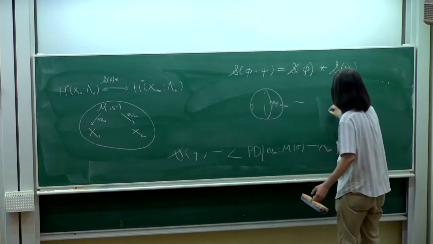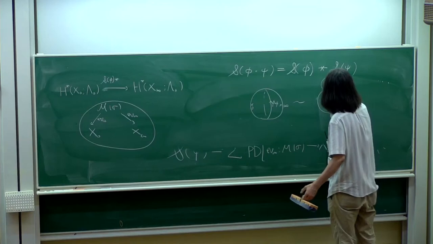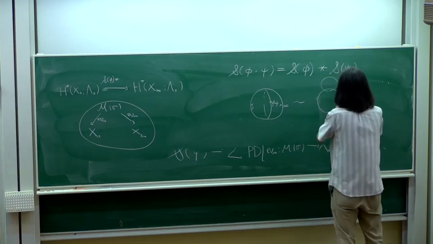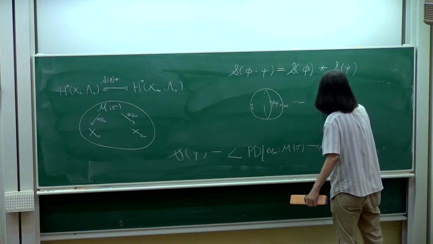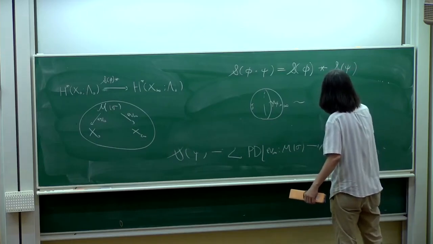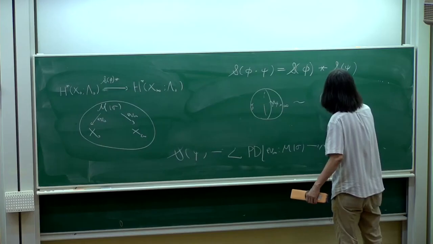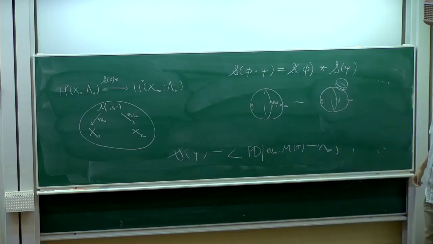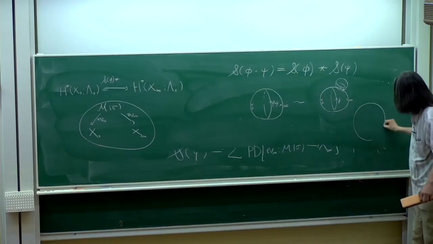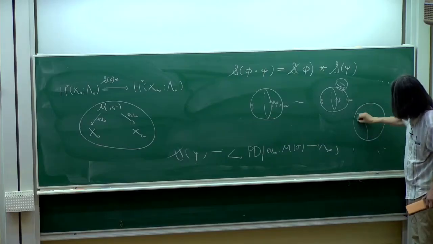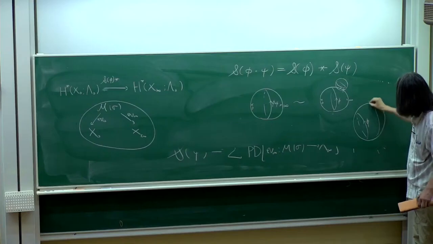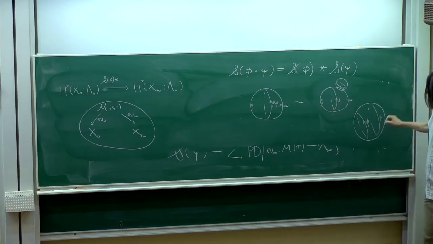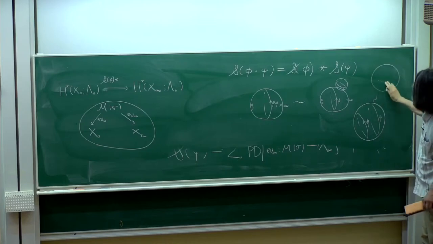But this one is somehow decomposed into these things, right? So here I have phi, and 0 and infinity, and then maybe here I have another one, and maybe this one is psi. So if you have a sphere, and here you have phi, and here you have another psi, then this is actually homotopic to this phi psi, right?